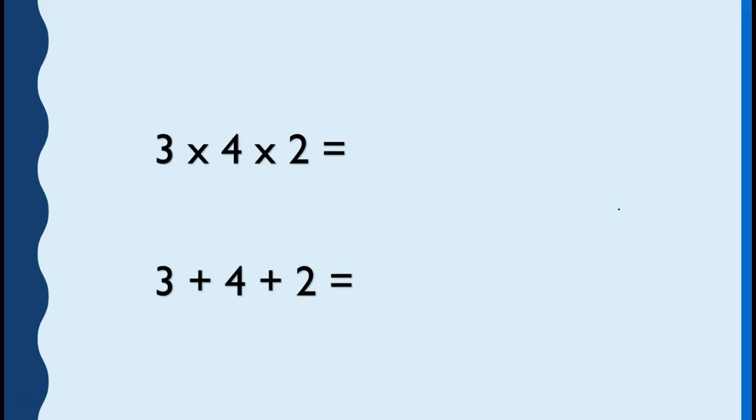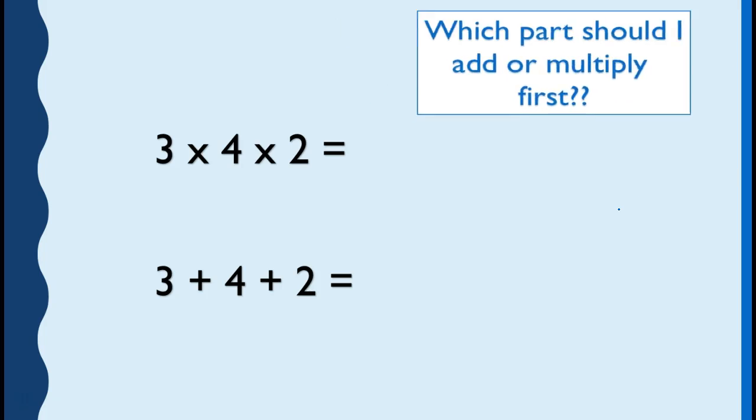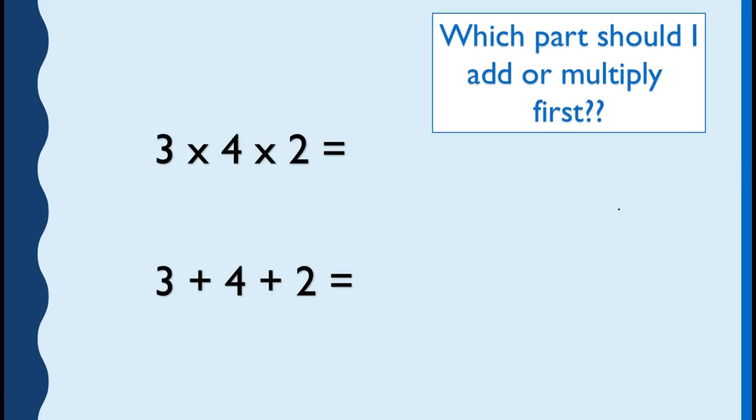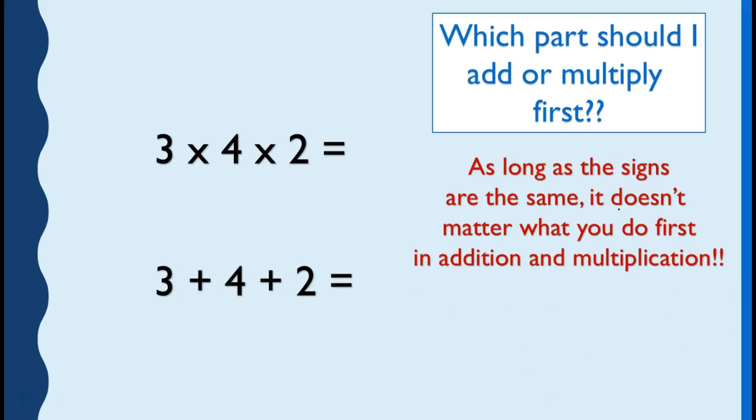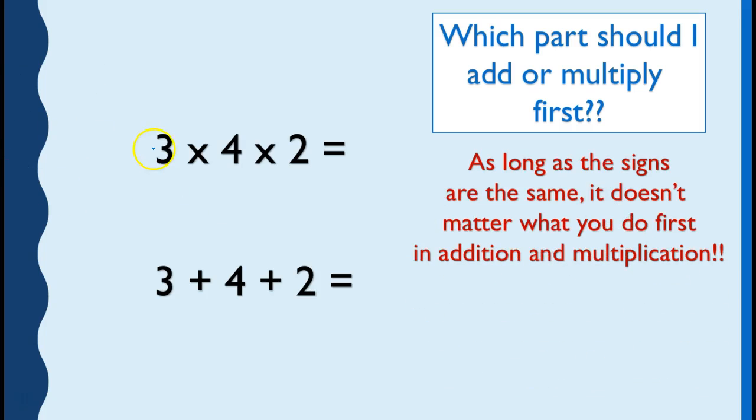Okay, so to answer that question, what part should I add or multiply first? As long as the signs are all the same, it doesn't matter what you do first in addition and multiplication. As long as, see in this expression here, all of them are multiplication. In this expression, all of them are addition. Okay?